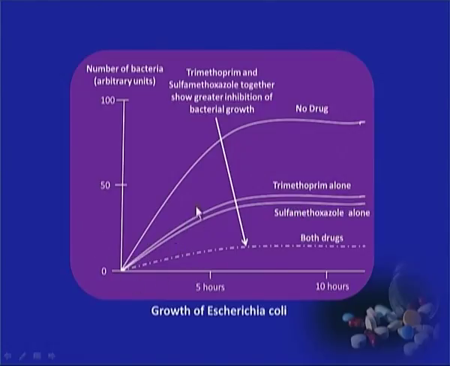But if we use a combination of trimethoprim and sulfamethoxazole at 1:5 together, they show greater inhibition of bacterial growth. The combination of these two drugs shows great inhibition.